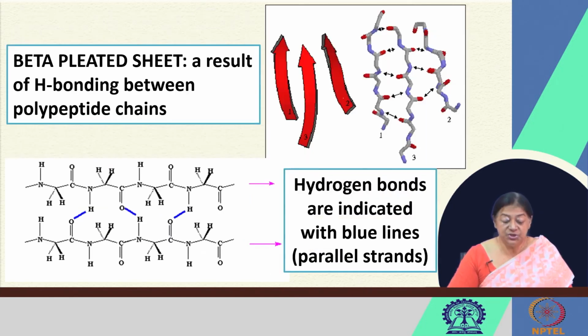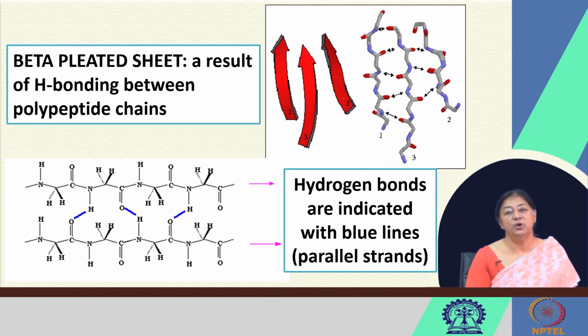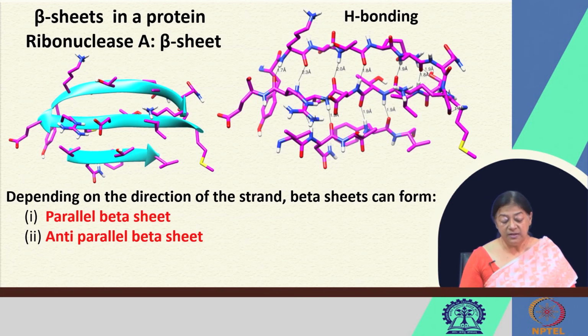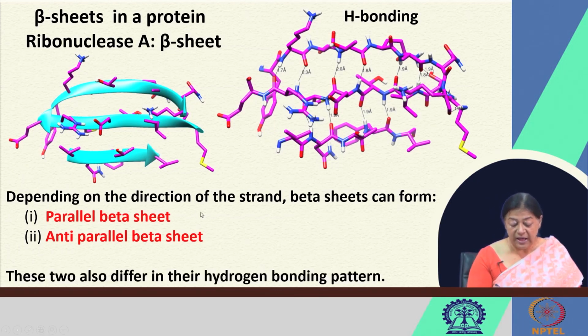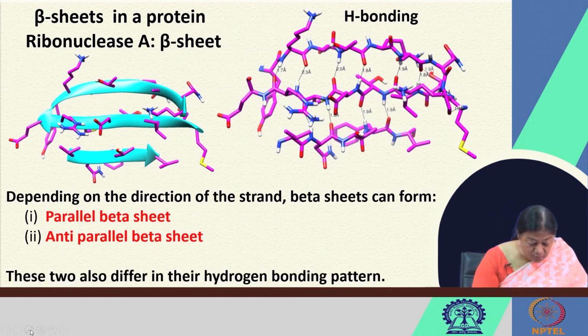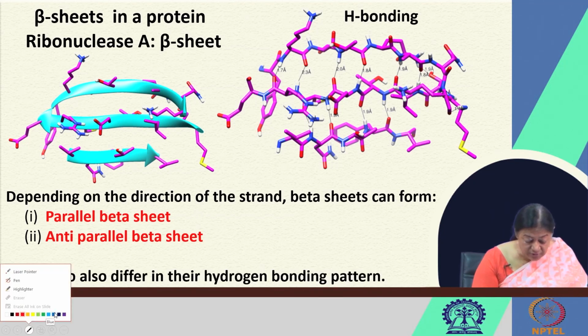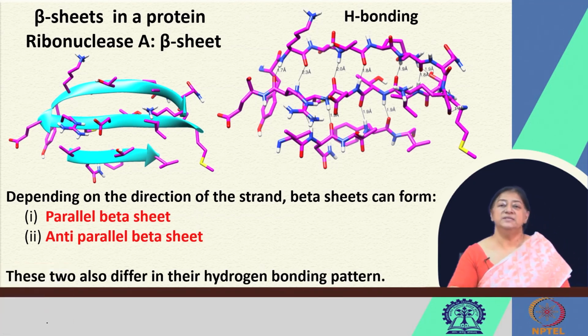For the beta pleated sheet, where we saw the hydrogen bonding pattern, we realized that this particular hydrogen bonding pattern is different for the parallel and the antiparallel sheets. And while we look at the hydrogen bonding pattern, we can distinctly see what kind of strands are forming this particular beta sheet. Now, how is this important?